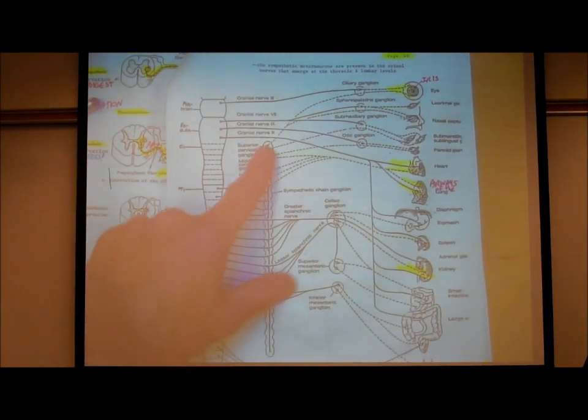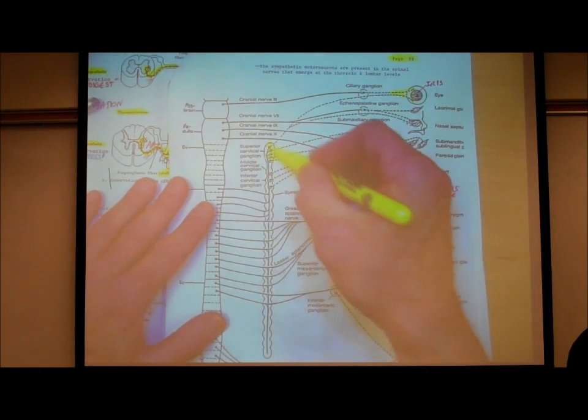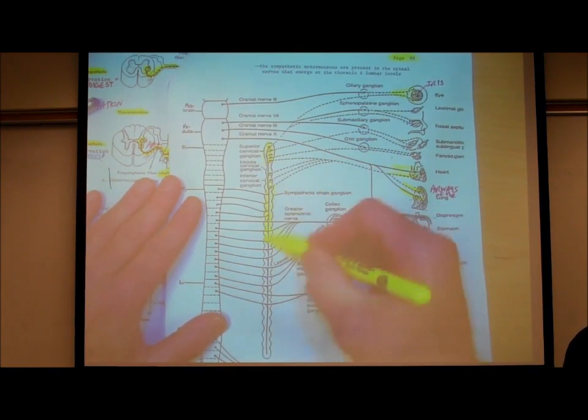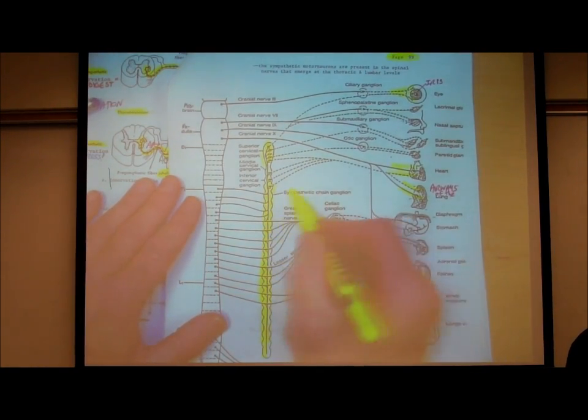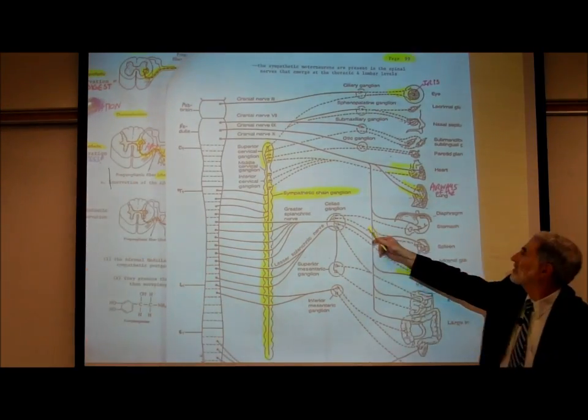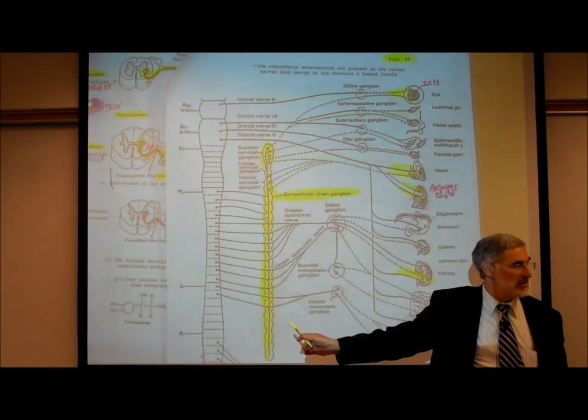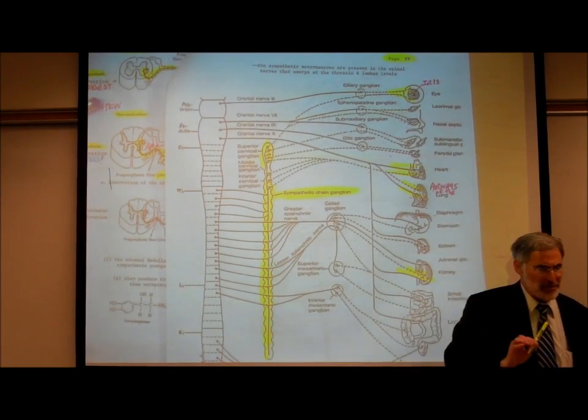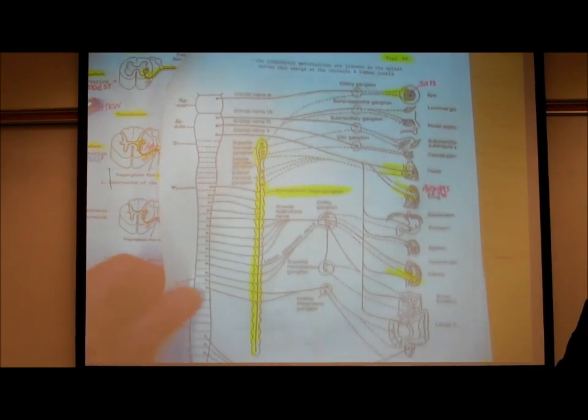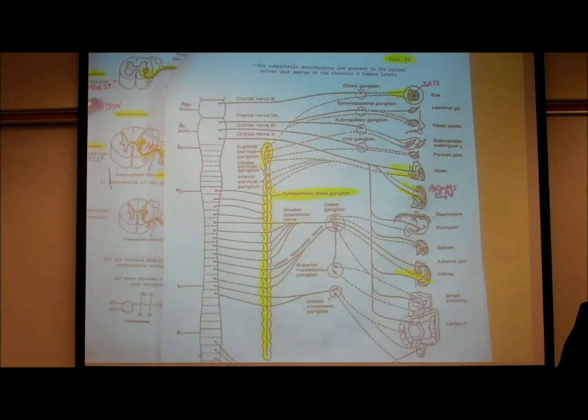And so that's what this thing is right here. This is the sympathetic chain ganglion. And it says it right here. It says it. I'm just trying to explain what it is. Am I going to test you a lot on that? No. And one last picture.